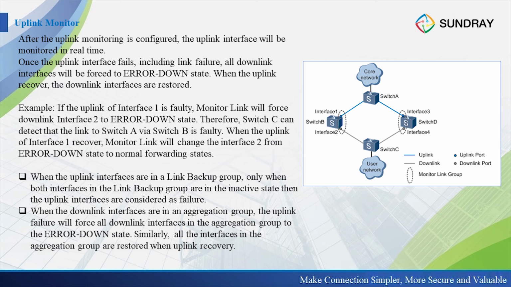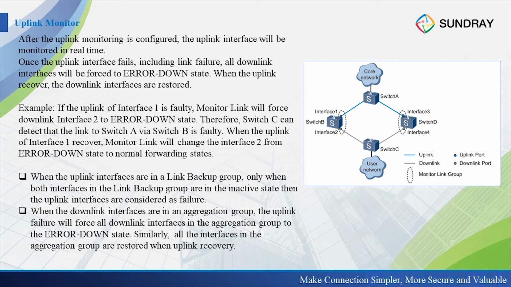Here is an example with switch B. In switch B, we enable uplink monitor on interface 1. If interface 1 has a problem, then interface 2 of switch B will be forced to the error down state.